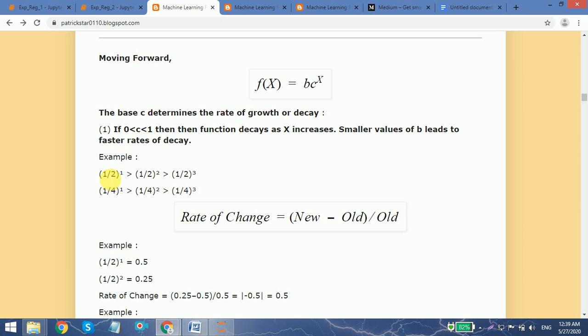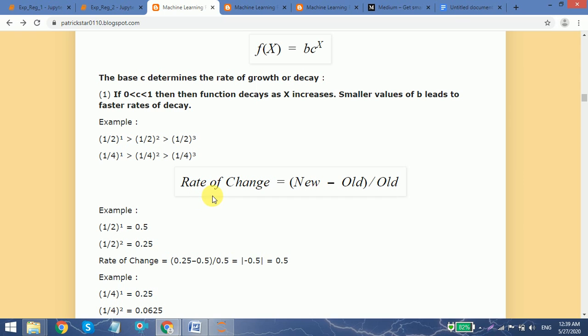Here I have taken 1/2, that is between 0 and 1, so it equals 0.5, and 1 by 4 equals 0.25. You already know that 1 by 2 raised to 1 is greater than 1 by 2 square, that is 1 by 4, so 0.5 is obviously greater than 0.25, and so on for all of this. So it is pretty obvious.